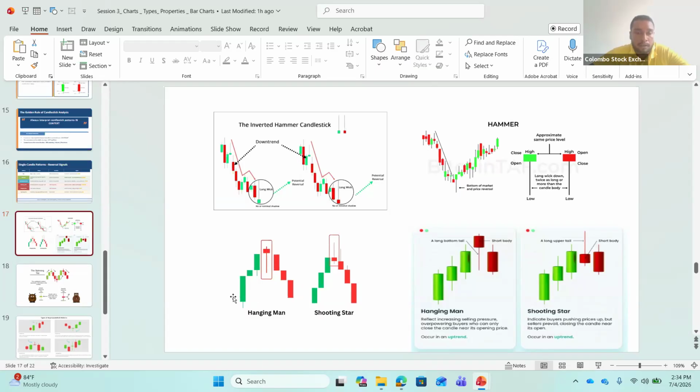If you are in an uptrend, you might see this one at the top of the trend, and after that there might be a reversal. And this looks like an inverted hammer, like this one. If that occurs in an uptrend, you might see this at the top of the uptrend, and after that, you might see a reversal.